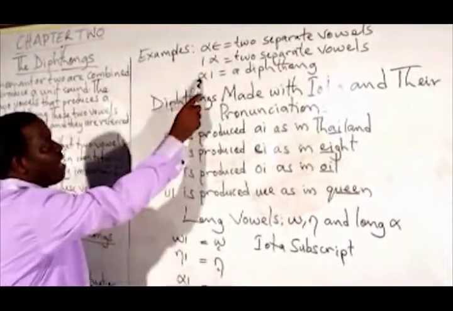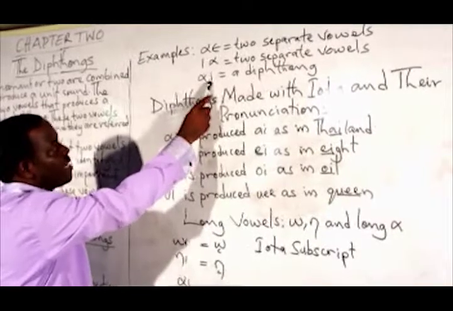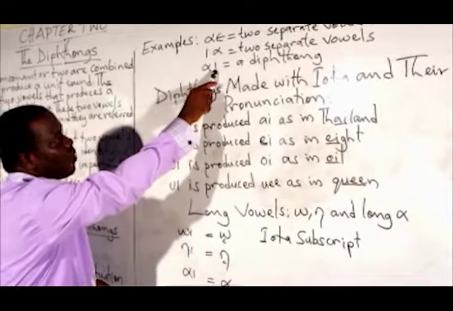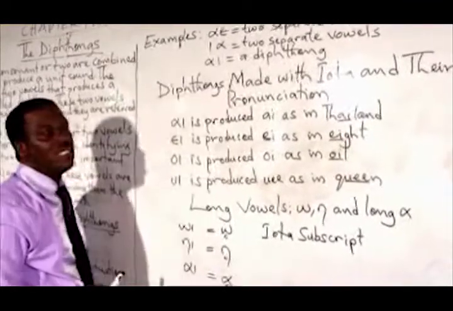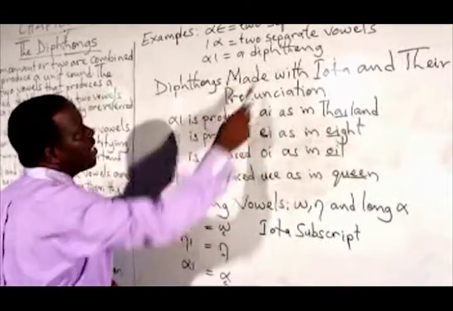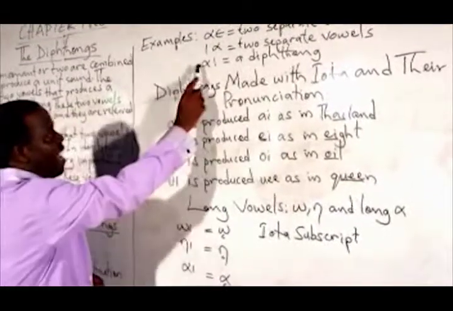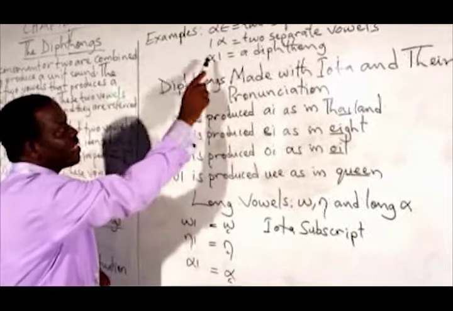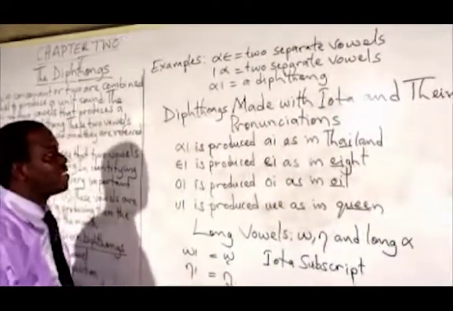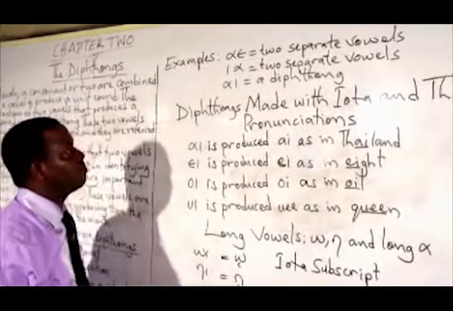And the last one, we have alpha and iota. The iota is the high vowel and is in the second position. And therefore, we have the situation of a diphthong. So we have alpha, iota, since the iota is in the second position, and that is a diphthong.